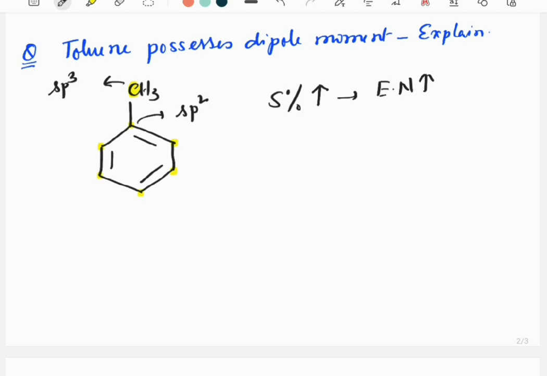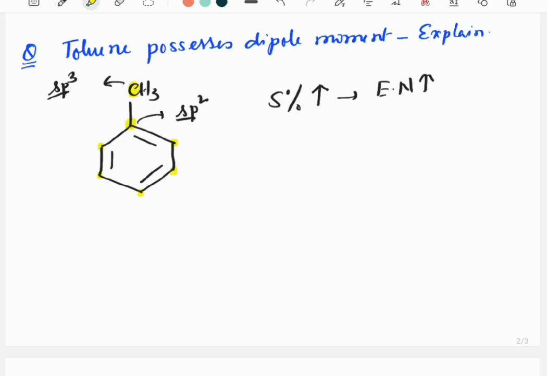So from that perspective, this carbon will be more electronegative because it is sp2 hybridized, where the percentage of s character is more, with respect to this carbon, which is sp3 hybridized, where the percentage of s character is less.